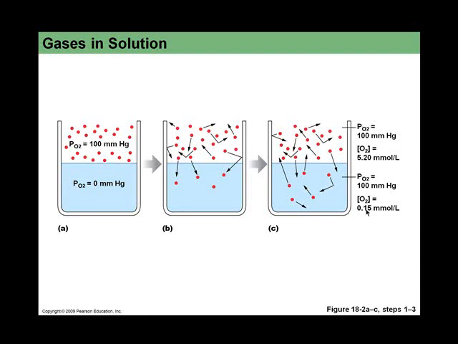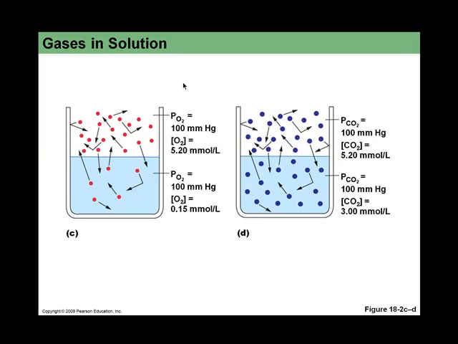So 0.15 millimoles per liter of oxygen will generate a PO2 in solution of 100 millimeters of mercury, whereas it requires a higher oxygen concentration in the gaseous state. So these are the games we're playing. So we see those same parameters for oxygen on the left, and now we compare to the carbon dioxide on the right. So this is what I said we would do.